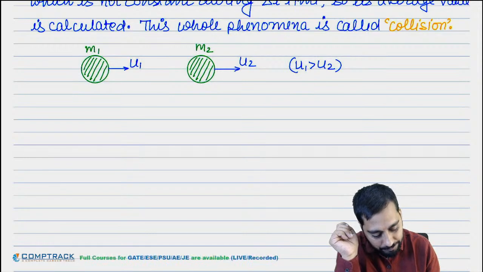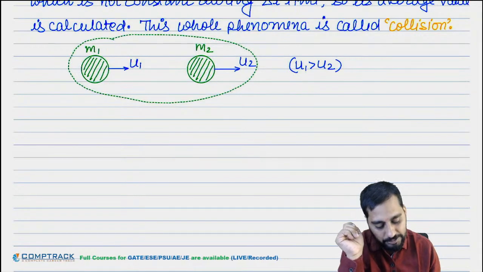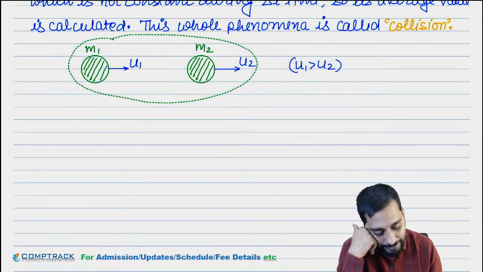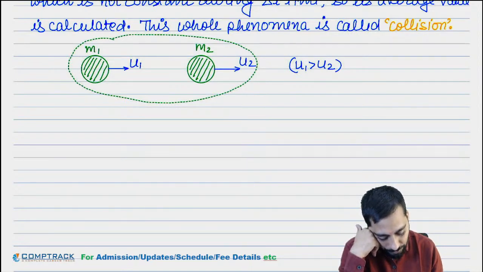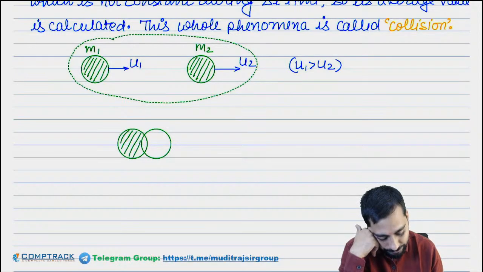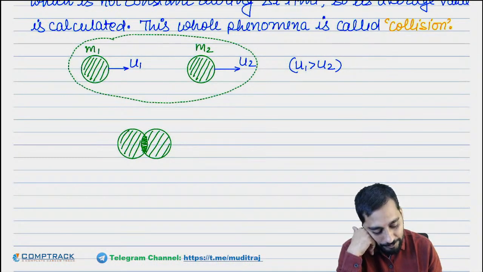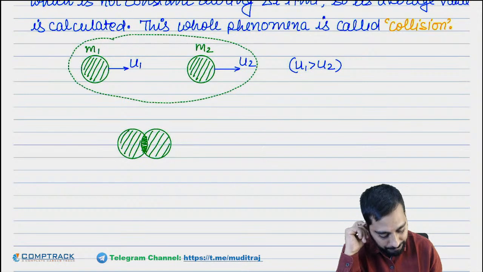So this is our system. We have to assume a system; for what system are we talking about? This is our system. When the first body comes and strikes the second body, initially what will happen? They get deformed at the point of contact. So initially deformation will be there at the point of contact, and this is our system.